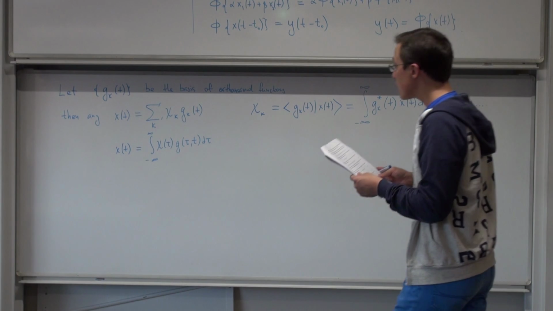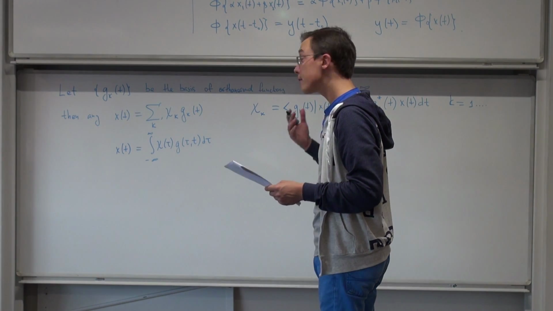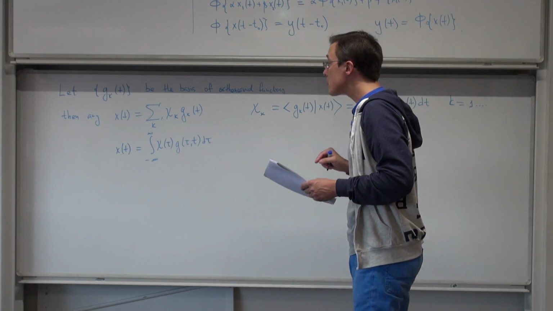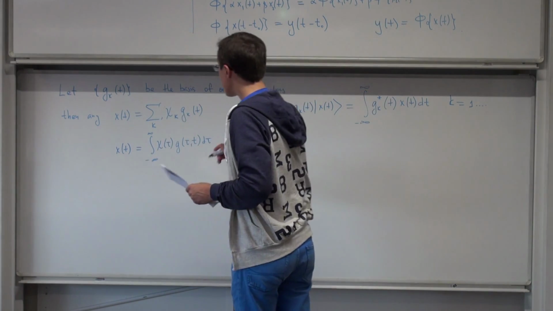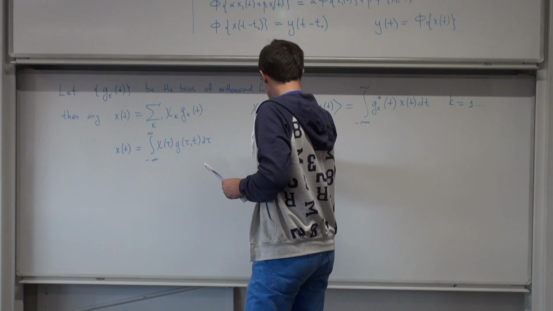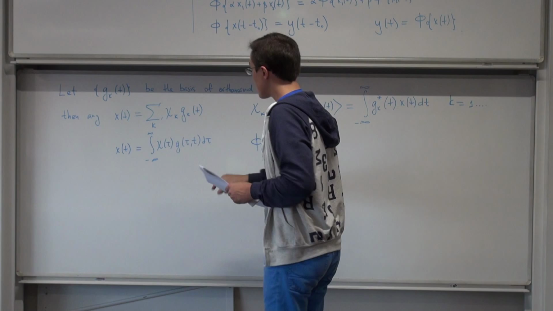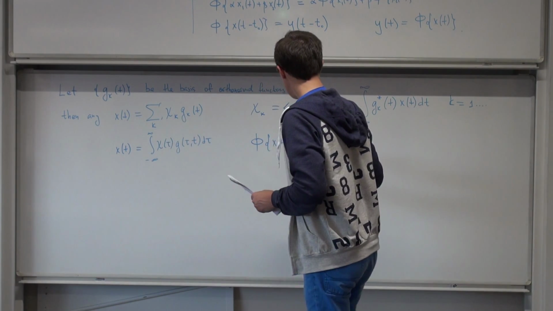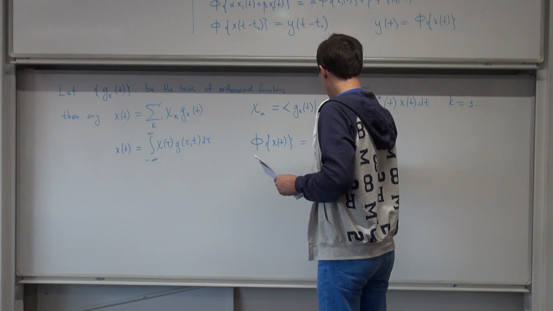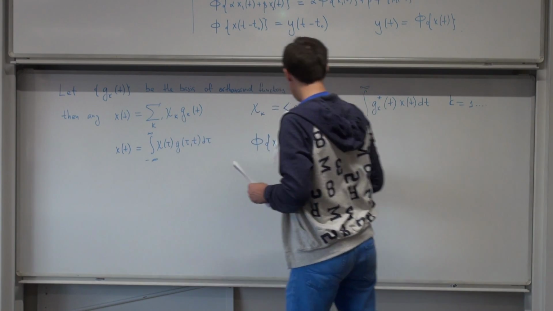So now let's take a look at the effect that our linear time invariant system would have on such a signal. So, phi acting on x. If we substitute this expression for x, what will happen is we will have a sum over k. Remember that phi is linear.